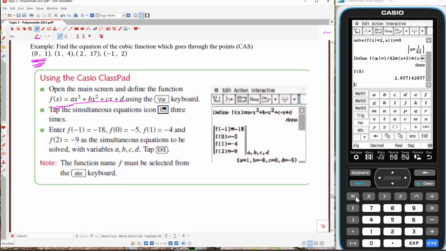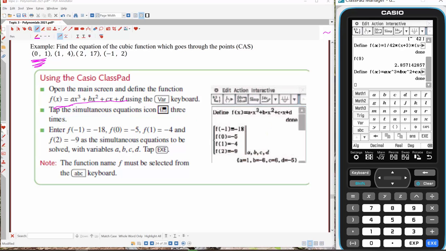So let's run a define: shift 7, equals a x power 3 plus b x power 2 plus c x plus d.